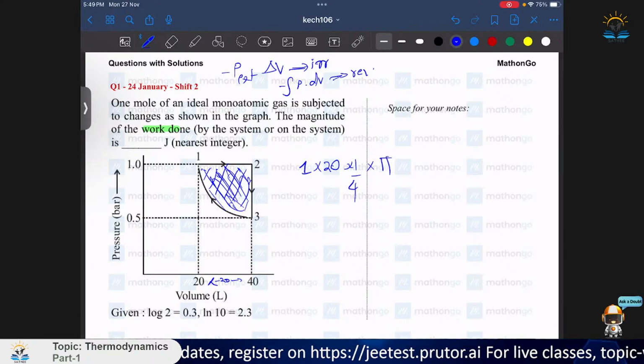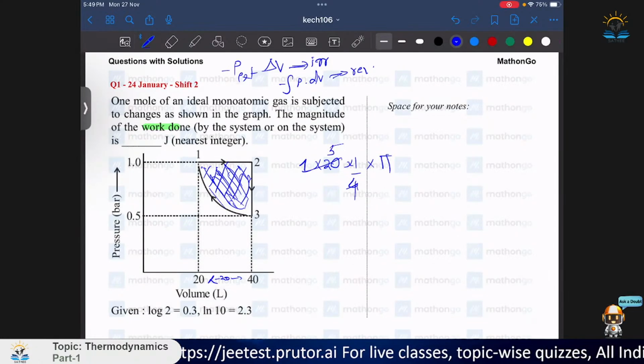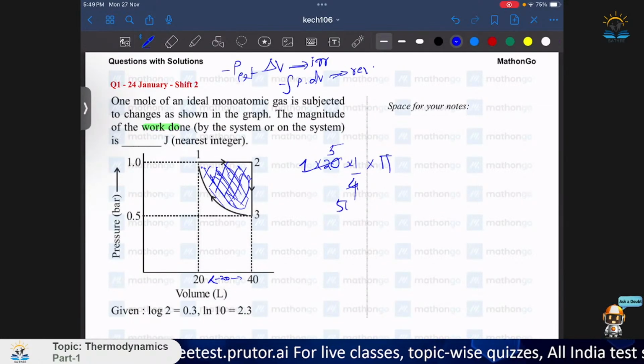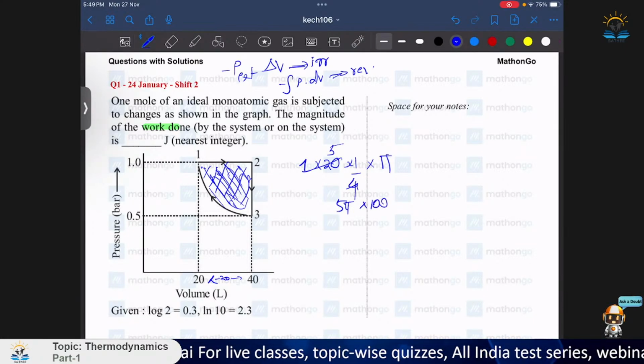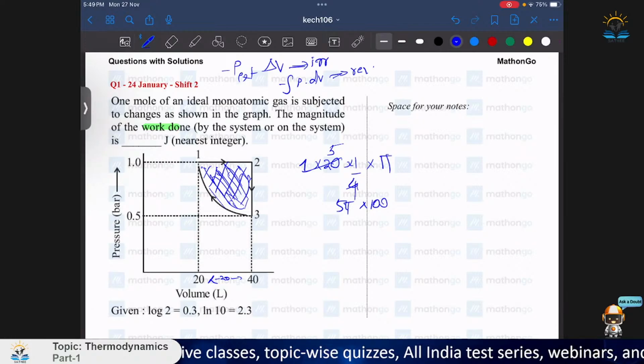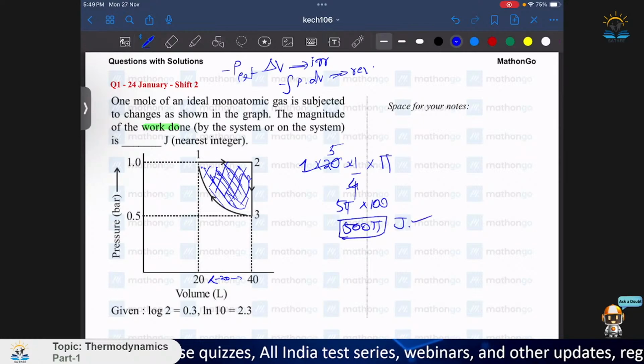So the area is pi, and we have to multiply it by 100 to convert it into joules. It is something like 500 pi joules.